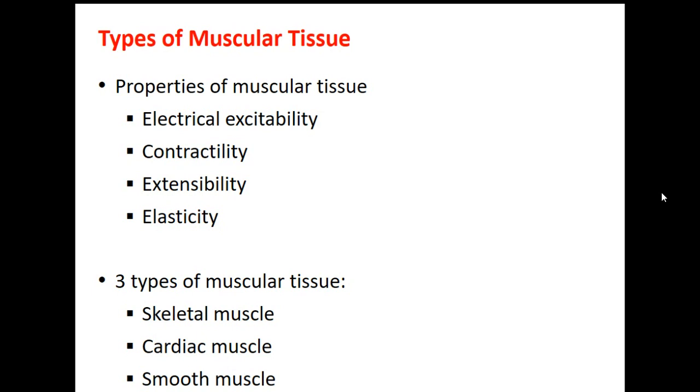So if I decide that I'm going to bend my elbow, my brain sends a nerve impulse to these muscles, and then that excites the muscles. It's like the muscle cells have their own kind of nerve impulse that causes them to contract. We'll see exactly how that happens.